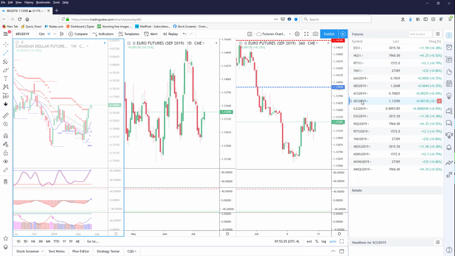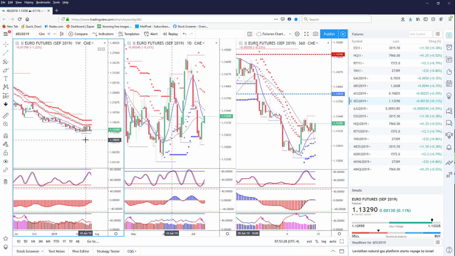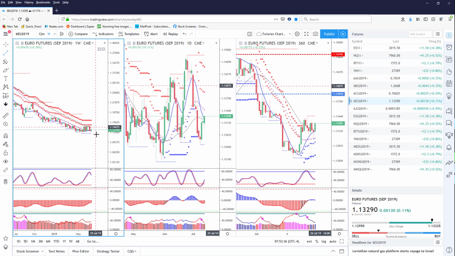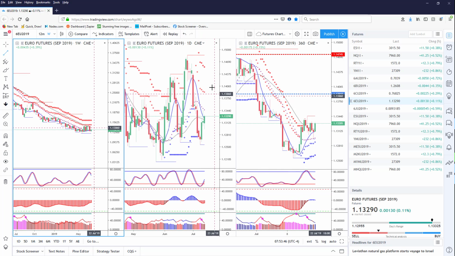Now, as far as the euro currency future, you can see we went back to this ATR. We did test it. They were unable to break through it. And it has come back down. And I think it may try to test 12.13. In the meantime, though, we've had a magenta peak over here that should push it back to about 13.91 before it actually comes down.